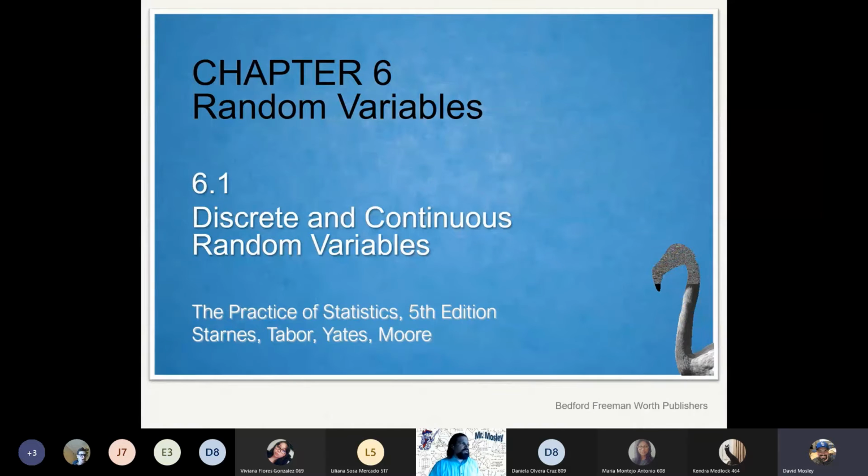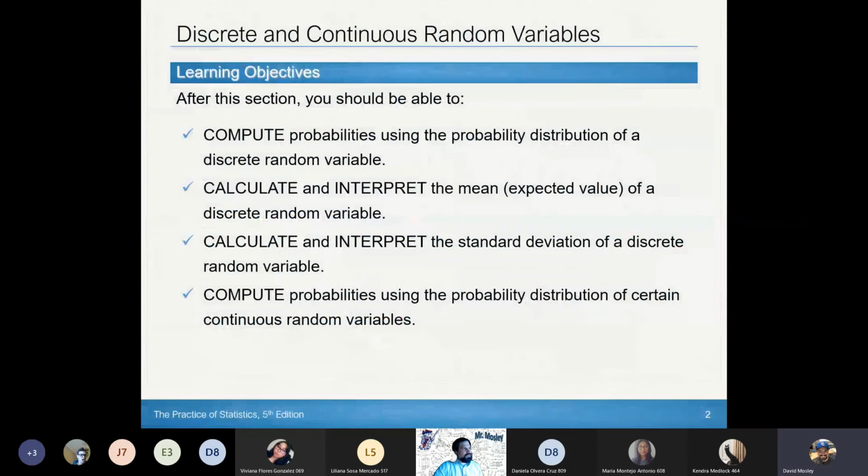There we go. So here we are at the beginning of Chapter 6 on random variables. We're doing section 6.1 today on discrete and continuous random variables. This is from our textbook, The Practice of Statistics. In this lesson, you will hopefully learn how to compute probabilities using the probability distribution of a discrete random variable, and calculate and interpret the mean, or expected value.